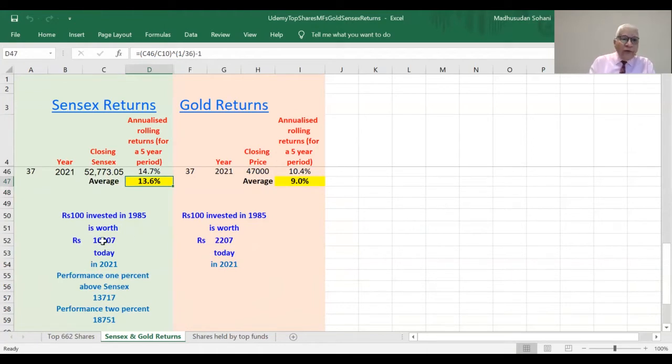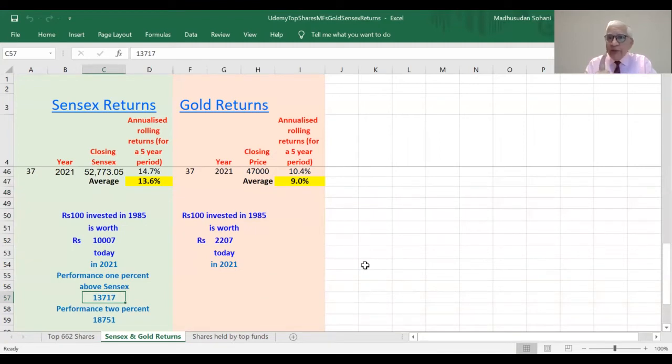If the returns were 1% more than Sensex, the same 100 rupees would have amounted to 13,717 rupees. That means a growth of 137 times, from just a 1% difference in the returns.